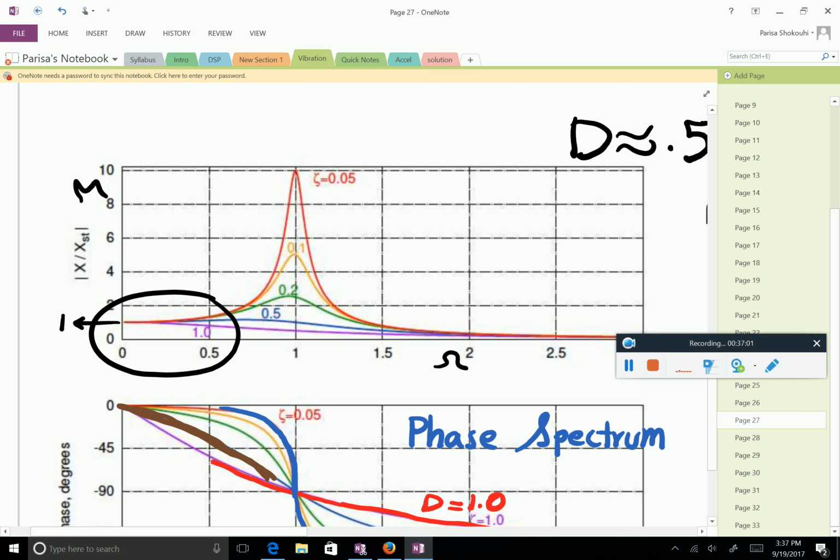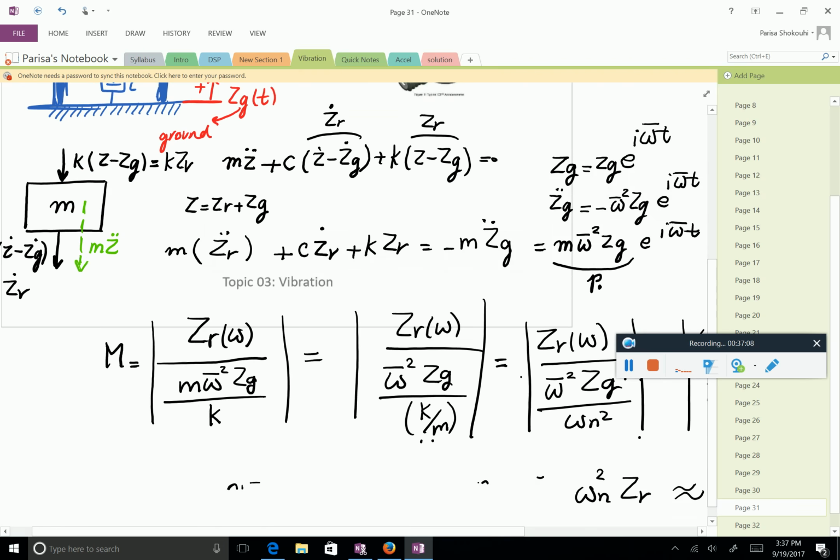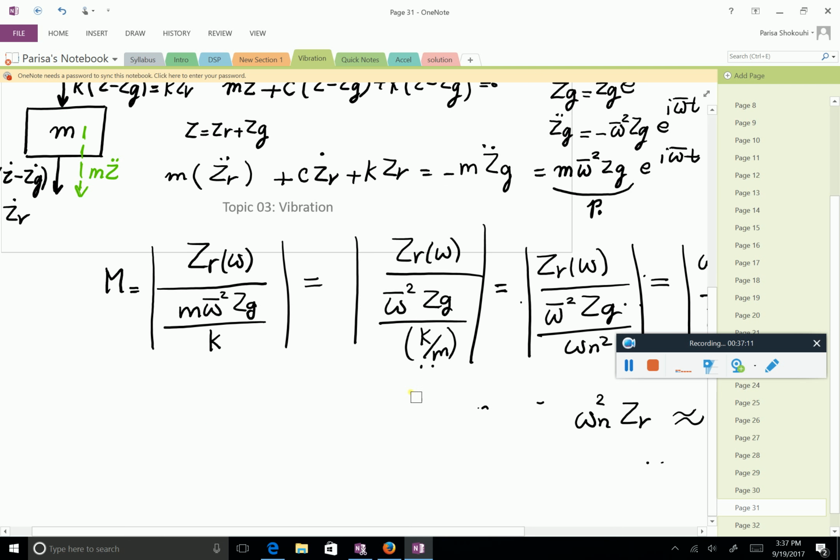That means you want to be in the region where omega is small. That means that omega bar over omega n should be small. In other words, remember, the system is an accelerometer, you want to choose an accelerometer which has a large natural frequency.